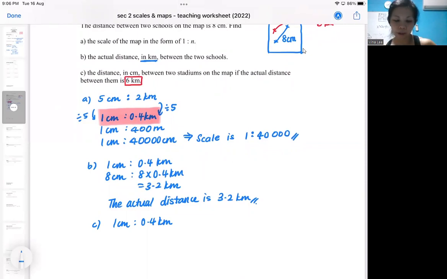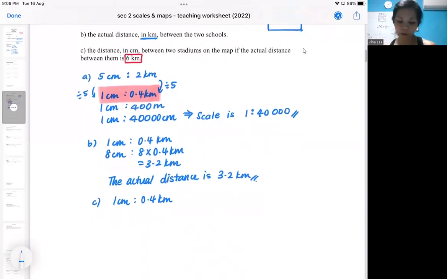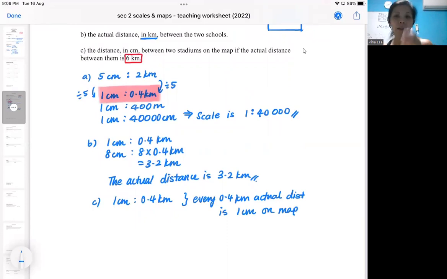So in case some of you find this a bit difficult or confusing, how would you understand this? That means every 0.4 kilometer actual distance is 1 centimeter on the map. So the question will be, how many sets of 0.4 kilometer will there be in 6 kilometer? So we got this whole stretch of 6 kilometer. So every 0.4 will be 1 centimeter. So you should be thinking, how many sets of 0.4 kilometer can you find in 6 kilometer?